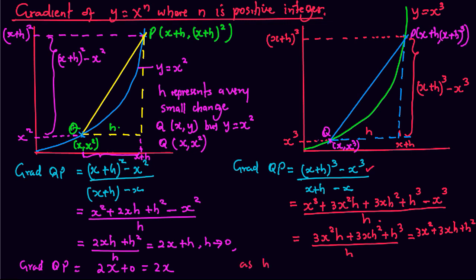As h tends to 0, the gradient QP is equal to 3x squared.